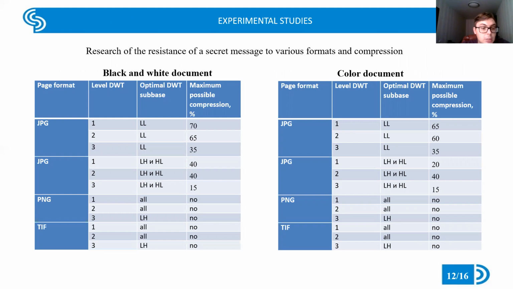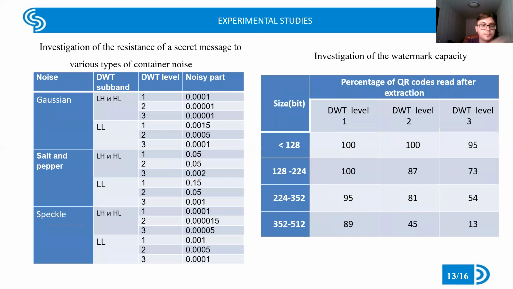In some cases, compression up to 70% is possible. The most stable embedding is possible in the LL component of the first level of discrete wavelet transformation. The compression characteristics of the LL and LH components are sufficient.